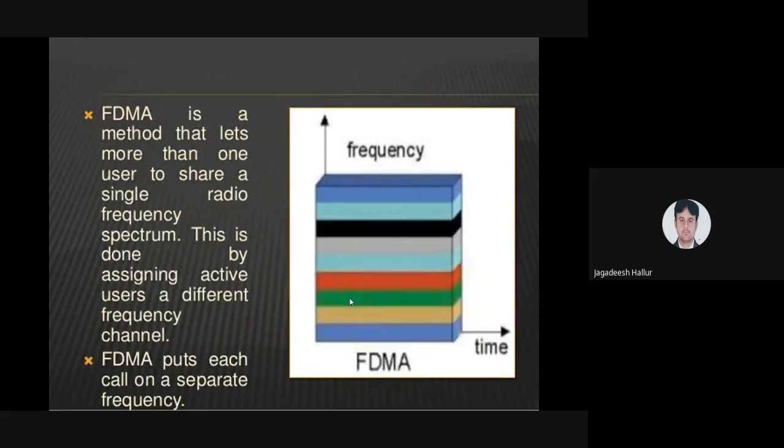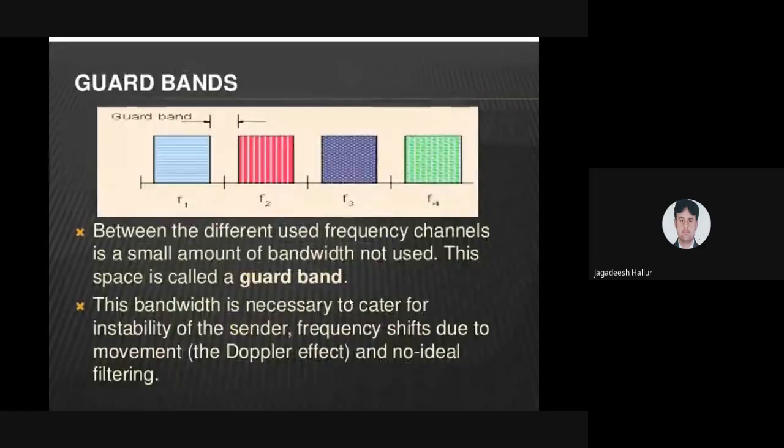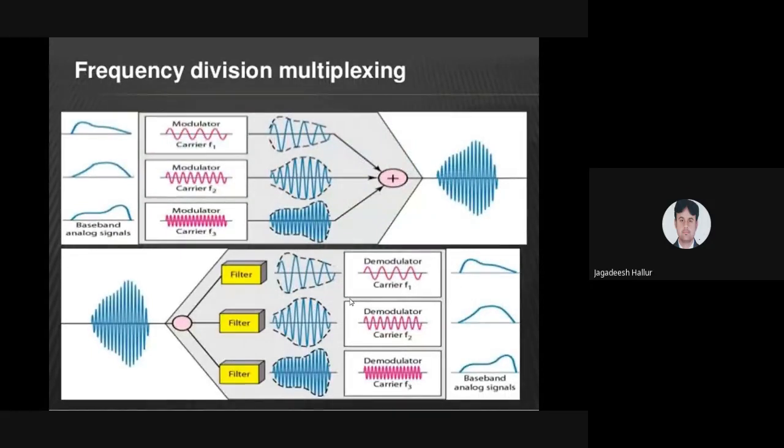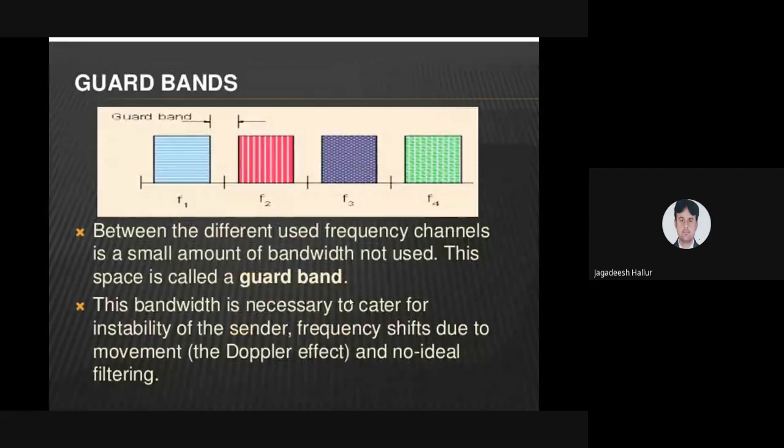Whenever you make a call, that call has to be put in a separate frequency band. This is one example I have given of how frequency division takes place. Guard bands are placed in between the frequency bands.